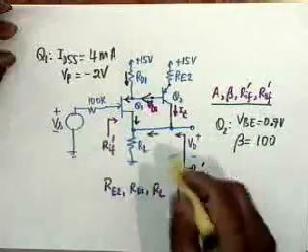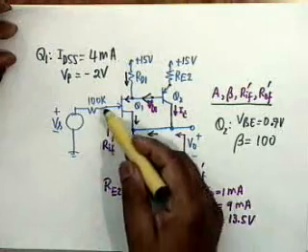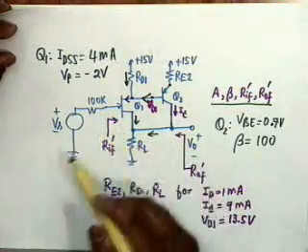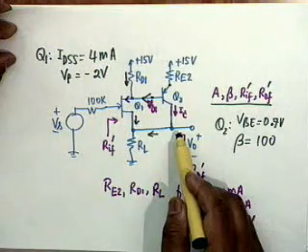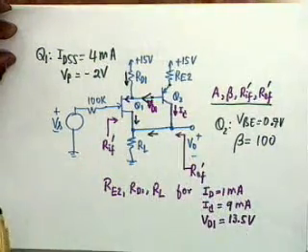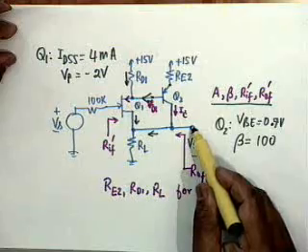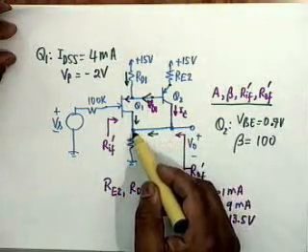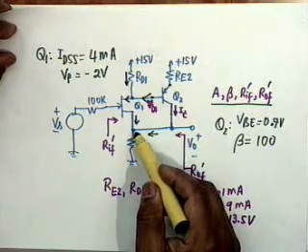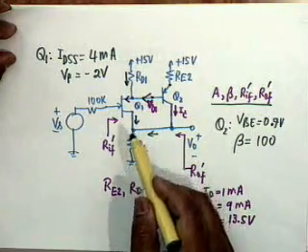Now, what is this connection? Obviously, the input connection is series. The output connection is? No. It is shunt, because the output voltage is taken here. The voltage is being directly fed, and therefore this is a shunt connection.